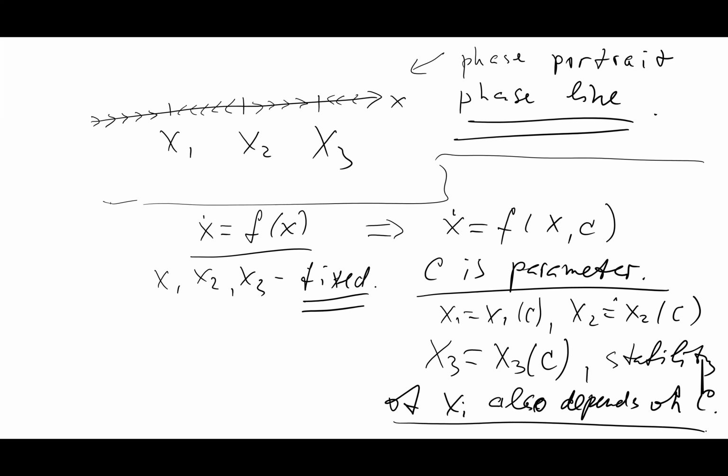So this is the important part. We had it before for maps, and now we will consider this phenomenon, namely bifurcations, for flows. Let's consider an example.